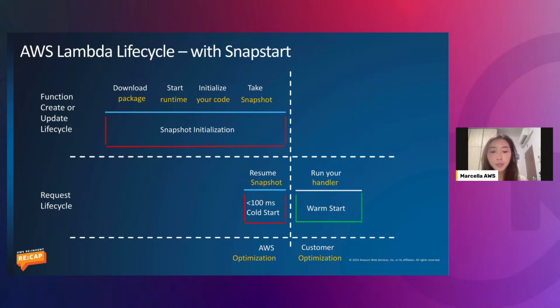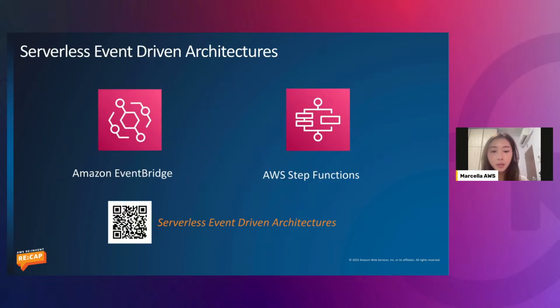Another thing I wanted to briefly talk about is building event-driven architectures. If you're familiar with building event-driven architectures, you should be very familiar with these two services you can see on our screen above, Amazon EventBridge as well as AWS Step Functions. Building event-driven architectures using serverless services is growing in popularity among AWS users.